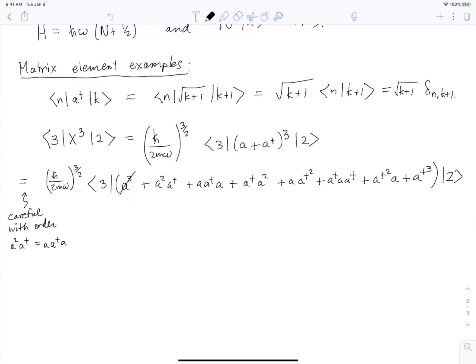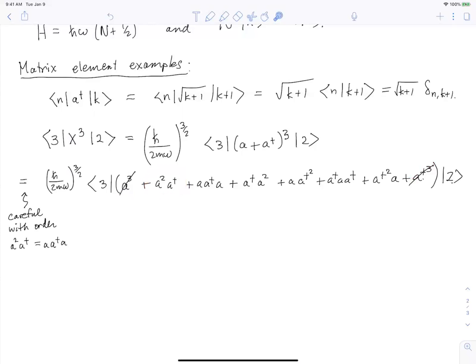Okay, on the other hand, some of these other ones are 0. For example, this one is a dagger cubed, and then acting on the 2 state, it's going to give a state with 5 quanta. And so 5 quanta overlap with 3 quanta on the left here is going to give 0. Okay, and so that one's gone. And this one is gone also, this one right here.